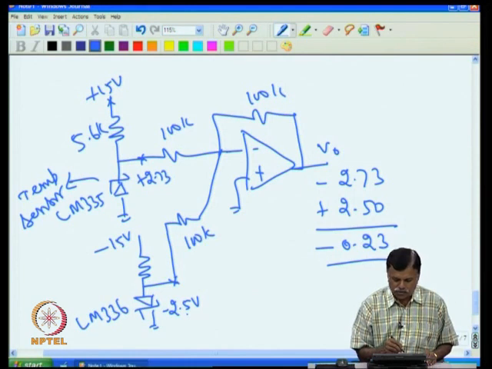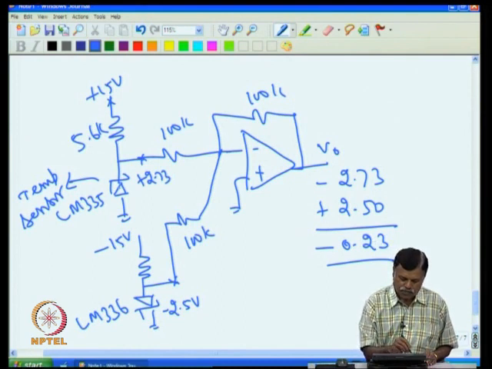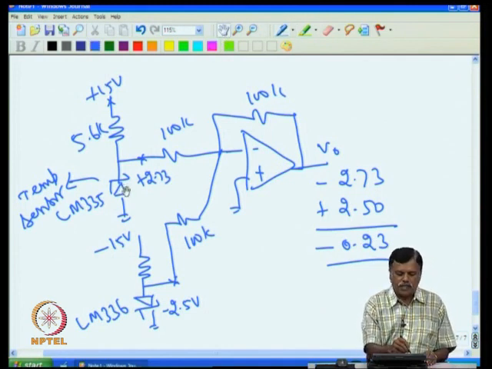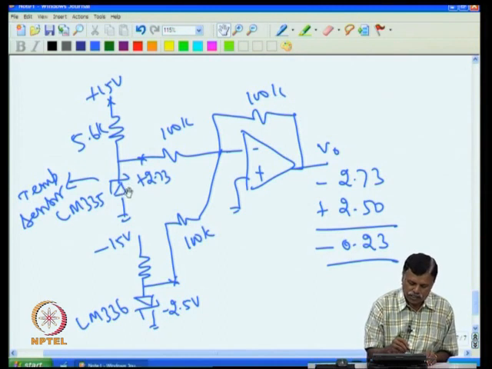Now there is one way of solving this issue. My aim is I want to make the output 0 when the sensor is kept at 0 degree C. Since it is only 2.73 volt, I need not keep 100K.